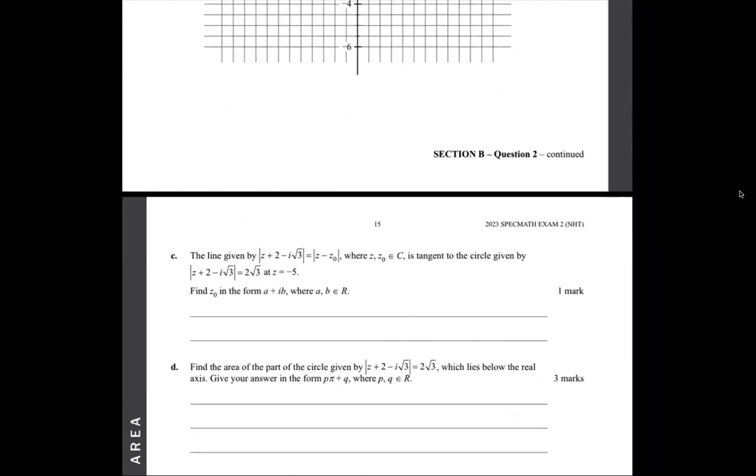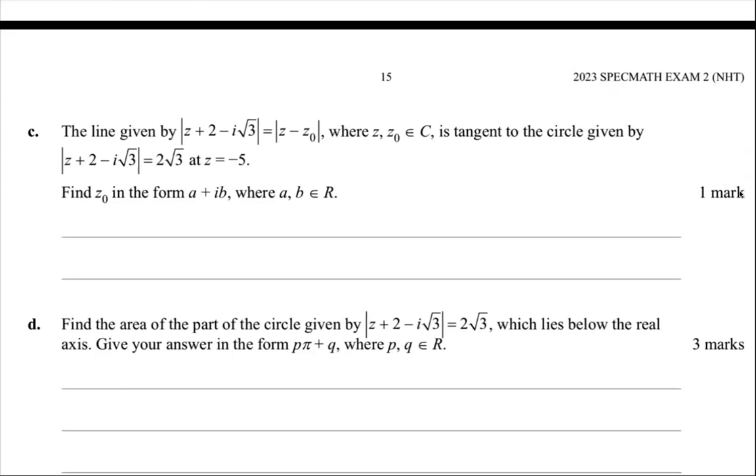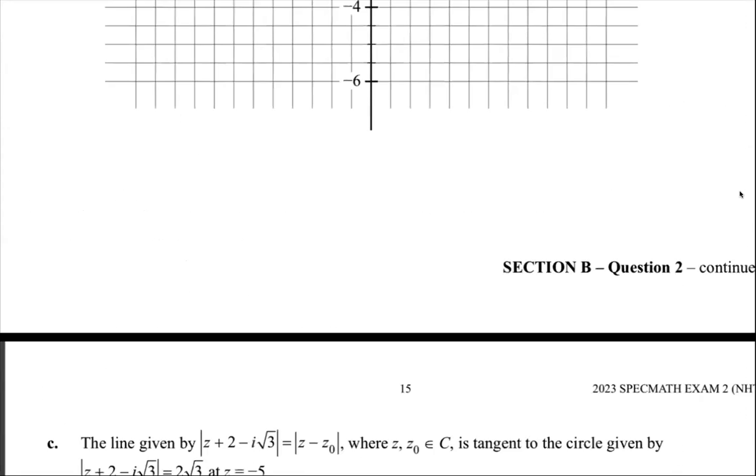All right. The line given by |z + 2 - i root 3| equals |z - z0| is tangent to the circle given by that at z equals minus 5. Find z0 in the form a plus ib, where a and b are real numbers.